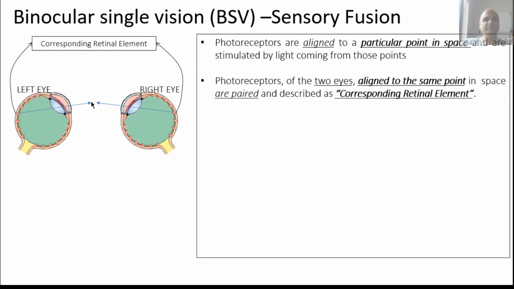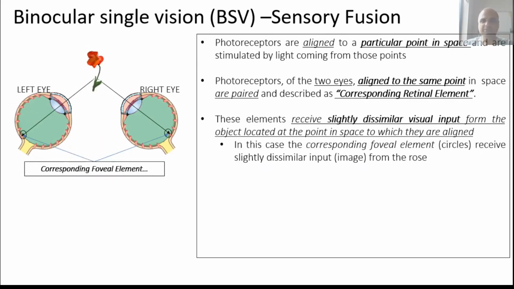So photoreceptors in both of your eyes that are directed towards the same point in space, in other words, aligned to the same point in space, are paired together. And they are called corresponding retinal elements. So this photoreceptor together with this photoreceptor is called a corresponding retinal element, because both of them are aligned to the same point in space and they're paired to one another. And that is really important, and we'll see how that importance works out in a second.